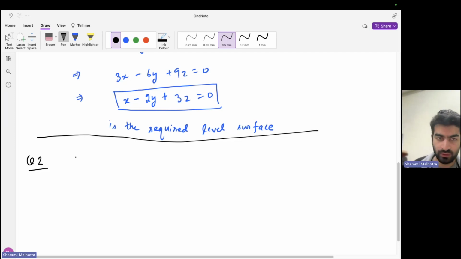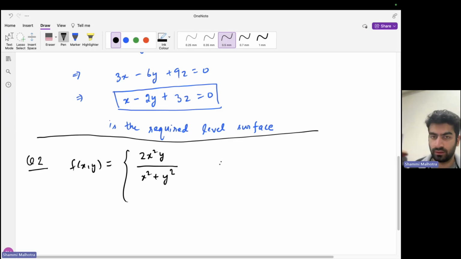For that, we have one question. Suppose my function is given as 2x squared y divided by (x squared plus y squared), for (x, y) not equal to (0, 0), and my function takes the value 0 when the point (x, y) is (0, 0).